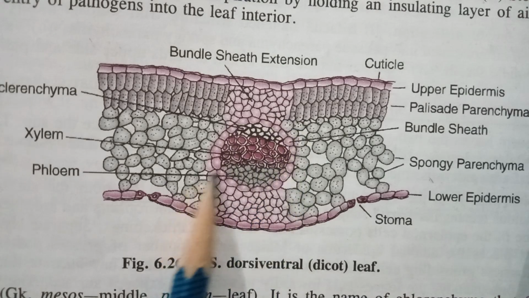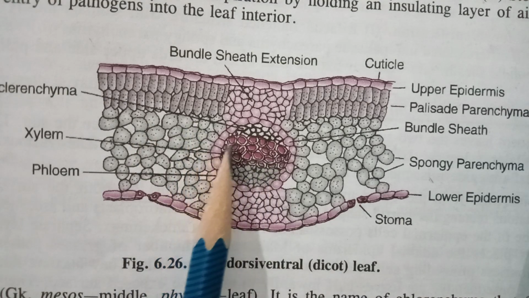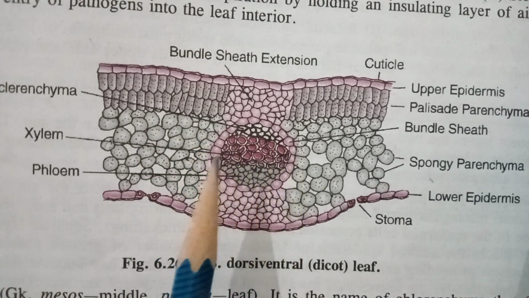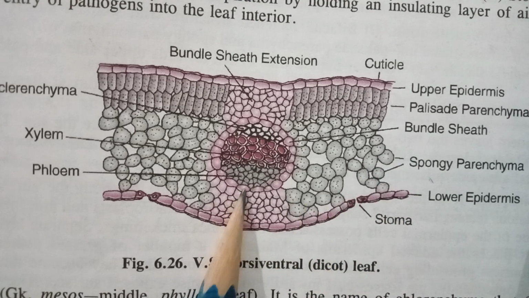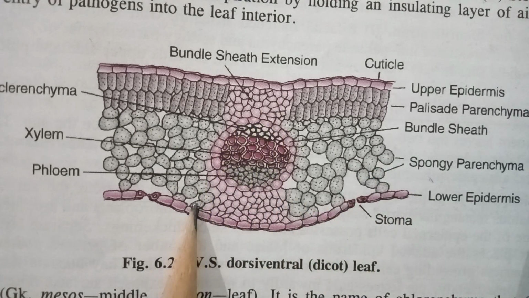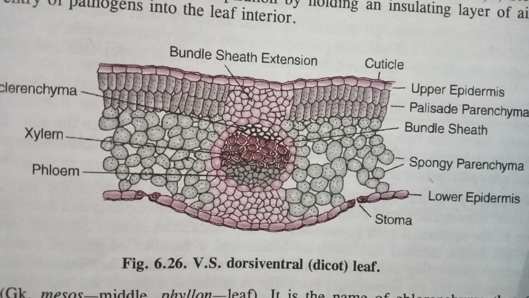In the middle portion vascular bundles are present. These are conjoint collateral, phloem towards the lower part, xylem towards the upper part. Sclerenchyma cells are there, and these vascular bundles are surrounded by the bundle sheath cells, and surrounding them are also bundle sheath extensions. So this is the overall structure of the dicot leaf, or the dorsiventral leaf.